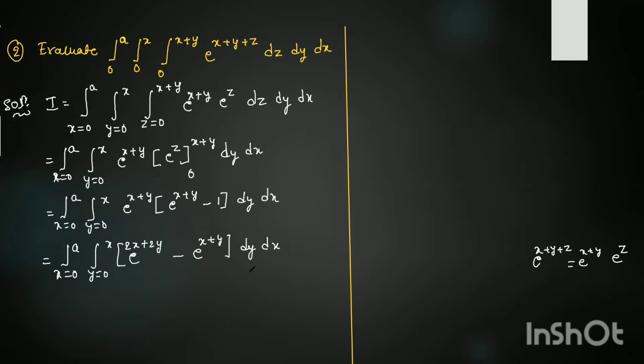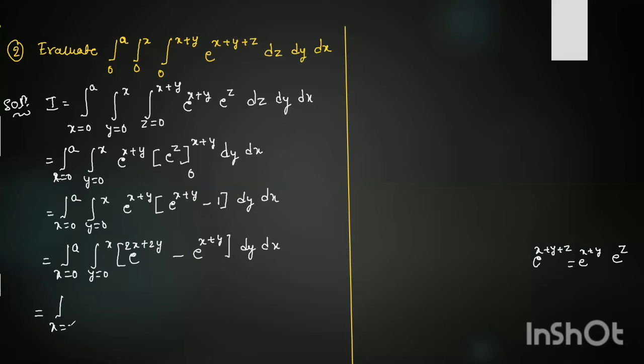Now you integrate with respect to y. And remember, when you are integrating with respect to y, e to the power 2x is a constant. Here e to the power x is a constant. You have to integrate only e to the power 2y here and e to the power y here. Okay, do it.